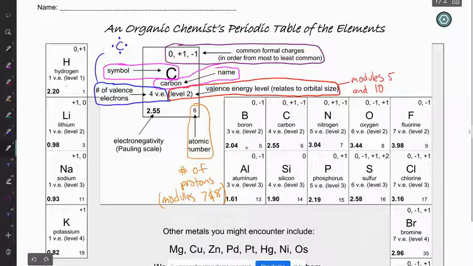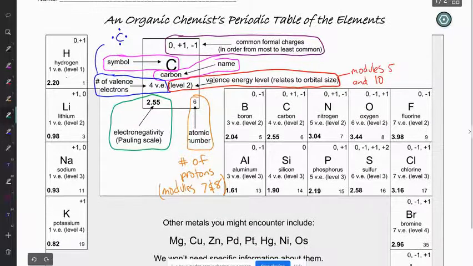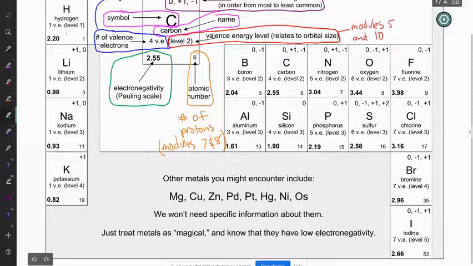And then the last thing that's listed for each element is this electronegativity value. We use this a lot. This concept of electronegativity, this is electron pulling strength. And really, the exact number is not a thing we care about so much, but what we care about is the relative strength when two atoms are bonded together, because a stronger atom is going to pull electrons closer to itself than a weaker atom.